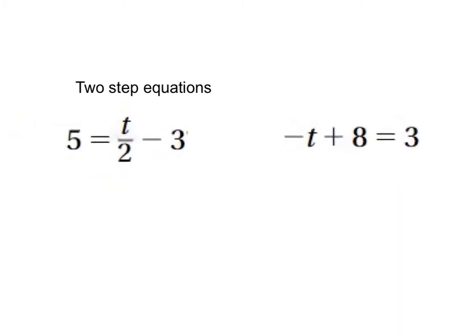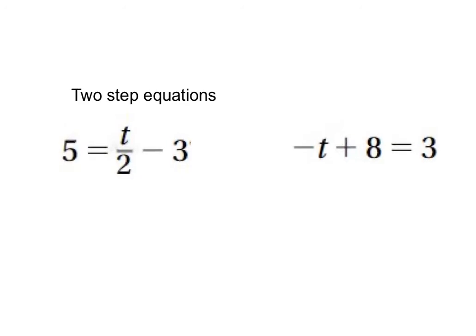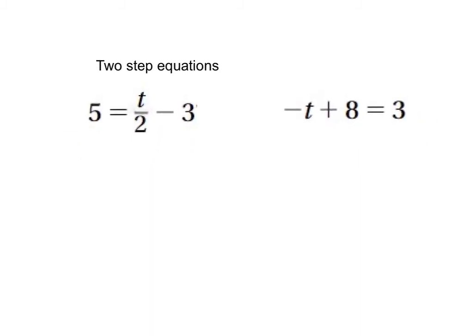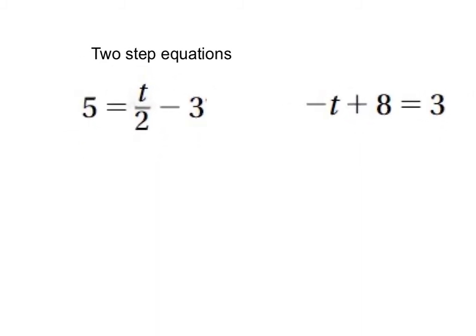Next one, all right, here we go. So 5 equals t over 2 minus 3. Let's do this one. So again, addition and subtraction first. Our first step is either going to be a plus or a minus, okay? Because these are normal two-step equations. Let's add 3 to both sides. Get that one out of there.